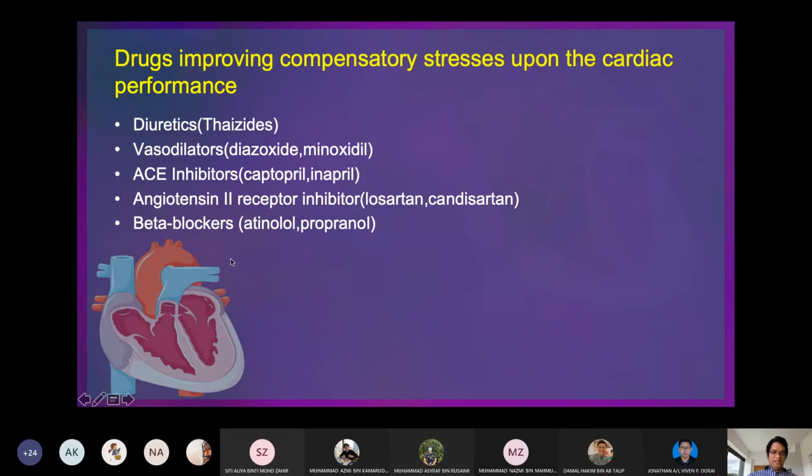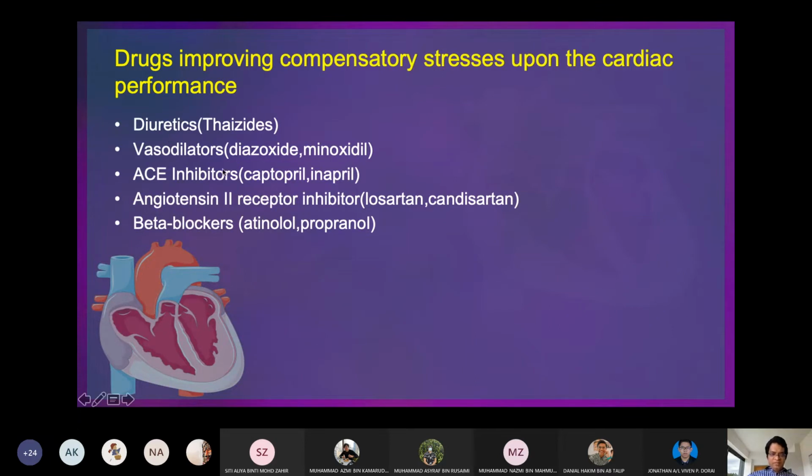As I said, for a chronic heart failure patient, you cannot write all the drugs. Your cardiologist will choose the drug required for the patient. But when teaching pharmacology, we are giving you the holistic picture in every possible situation. If you ask me when I should give diuretics: yes, if your patient has massive edema, abdominal distension, caput medusa, dependent edema, raised JVP, please start with the diuretic first.